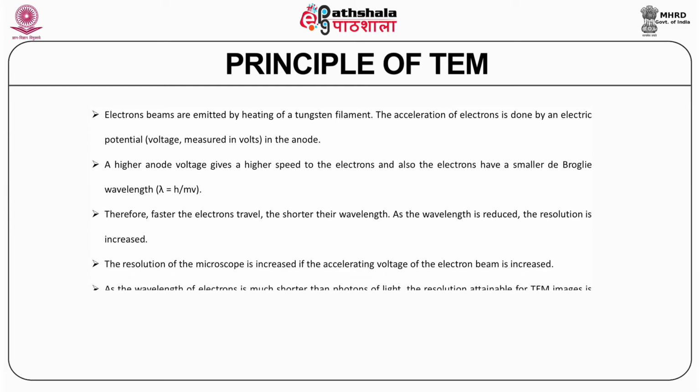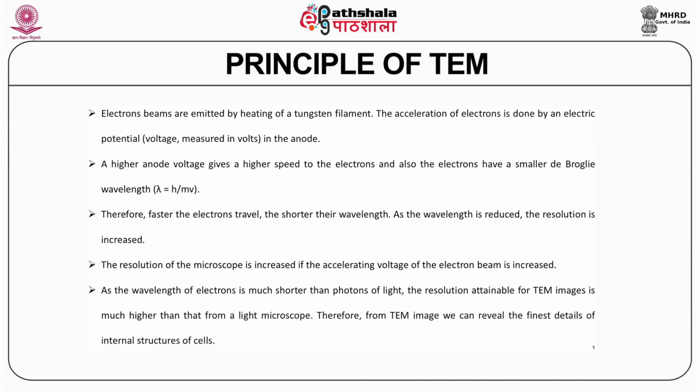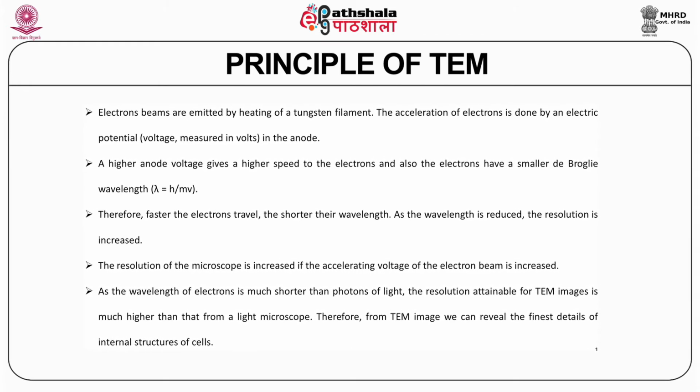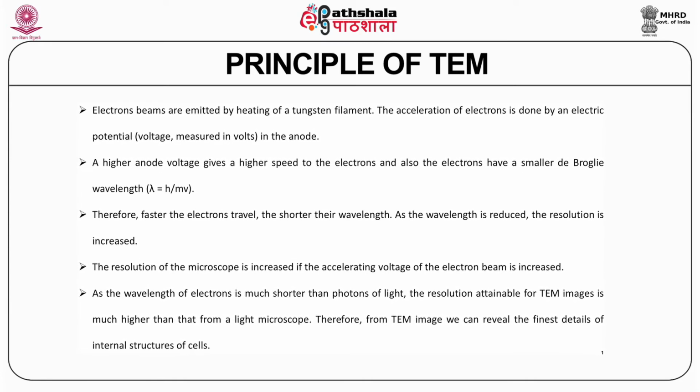Therefore, the faster the electrons travel, the shorter the wavelength. If the wavelength is reduced, the resolution is increased, because wavelength and frequency are inversely proportional. Therefore, the resolution of the microscope is increased if the accelerating voltage of the electron beam is increased.